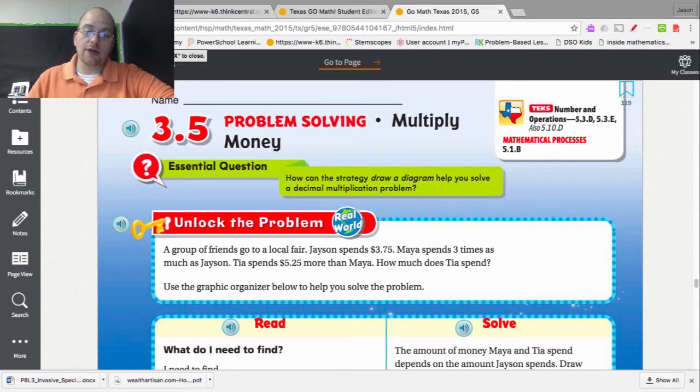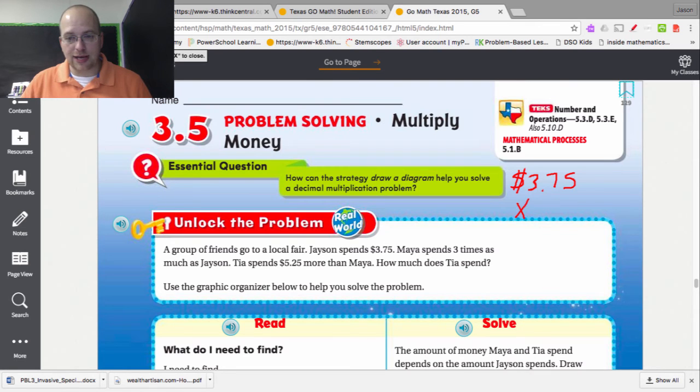So we know that Jason spends $3.75. Well, that's just a decimal number. 3 and 75 hundredths is the same as $3.75. But Maya spent 3 times as much as he did, so we need to multiply $3.75 by 3. Well, let's do that using the tools that we've just learned.